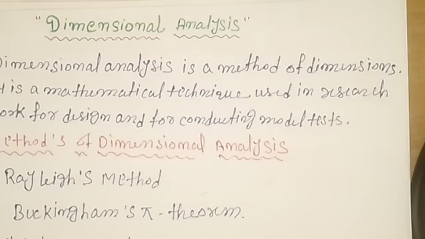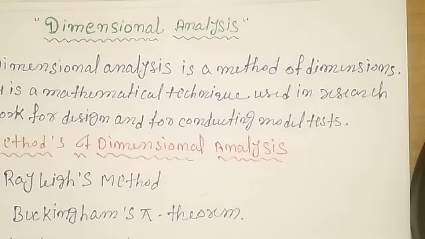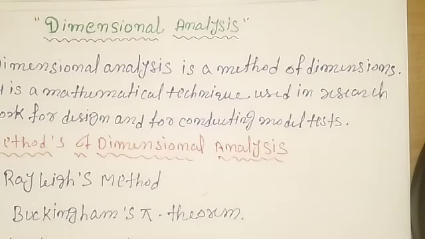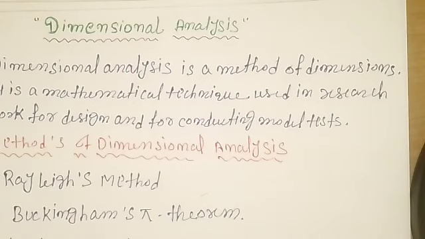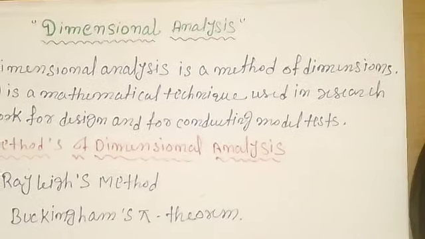Once the number of variables is more than 4, generating the relation with the Rayleigh method is quite complex. To overcome that complexity we have a second method, the Buckingham pi theorem, that we will discuss in subsequent classes. So here we are seeing the first, the Rayleigh method.